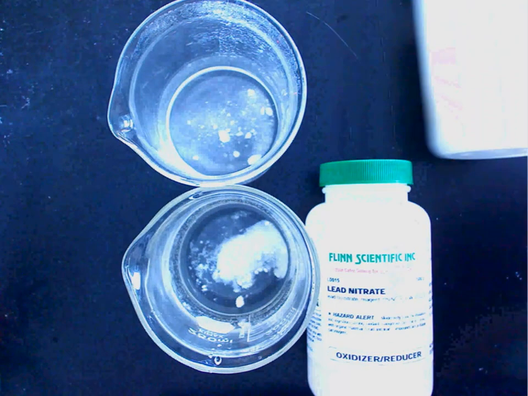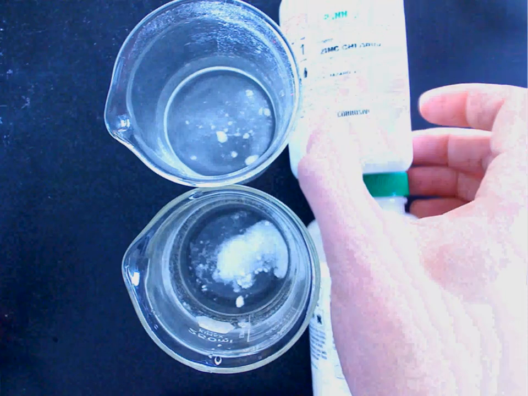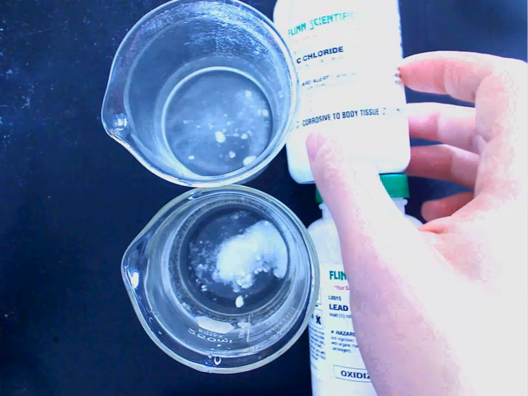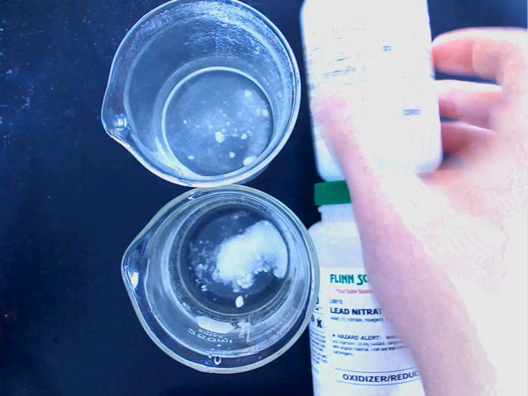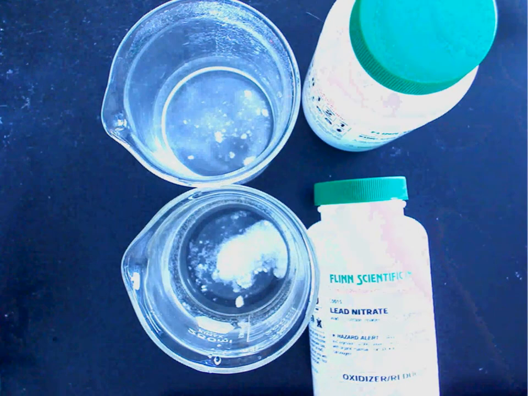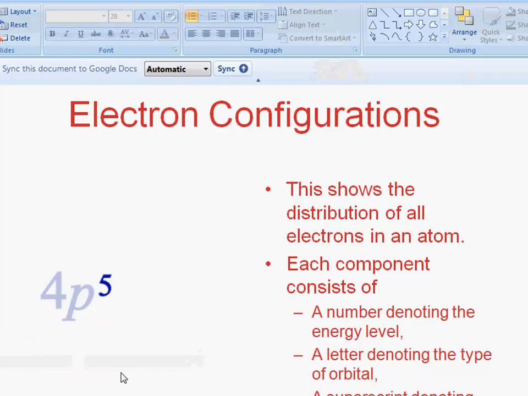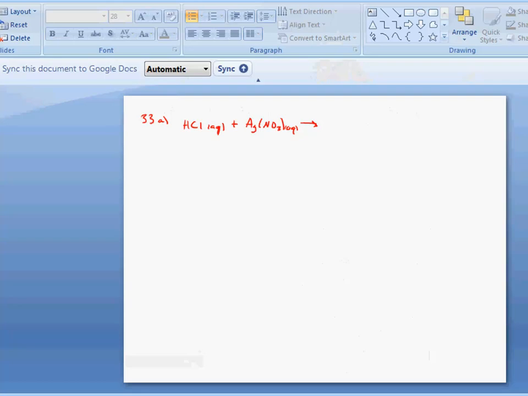Now, before we go on, let's try to write down a chemical equation for these. Jot this down in your notes.